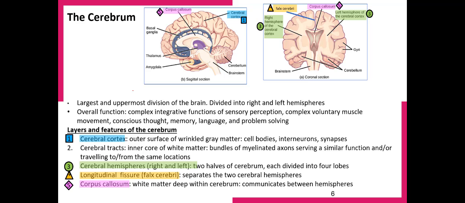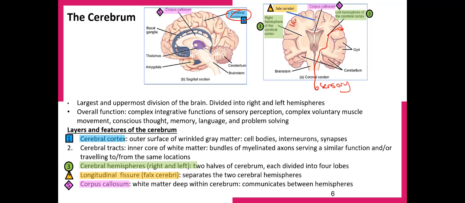The first part of the brain, the largest part of the brain, is the cerebrum. As I said, the outside of the cerebrum is made out of gray matter. The outside is also called the cortex. And so this wrinkled gray matter, as I said, contains the cell bodies and connections from sensory neurons.